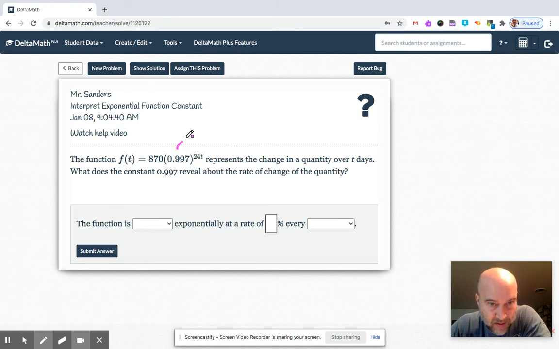But this is what I was talking about. This is less than 1, compared to our 1. In y equals a b to the x, there's our format in case we forget. So our b is equal to 0.997.